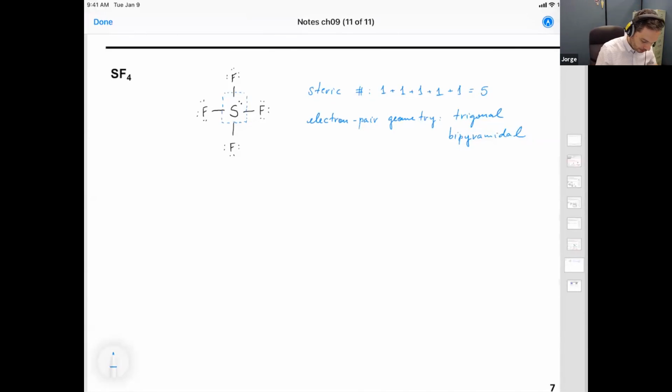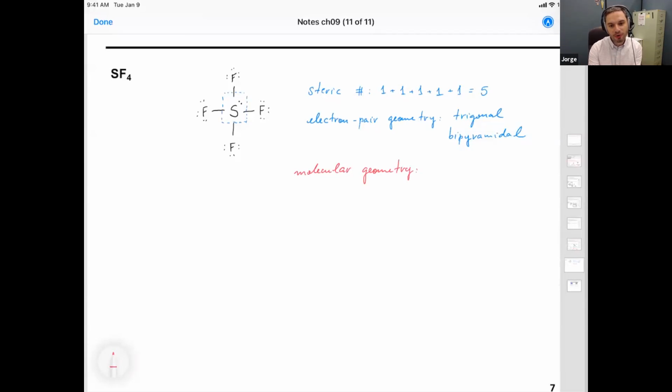Okay, very good. Now that we know the electron pair geometry, from that we are going to extract the molecular geometry. All right, for the molecular geometry, we are going to look only at the central atom and the atoms bonded to the central atom.